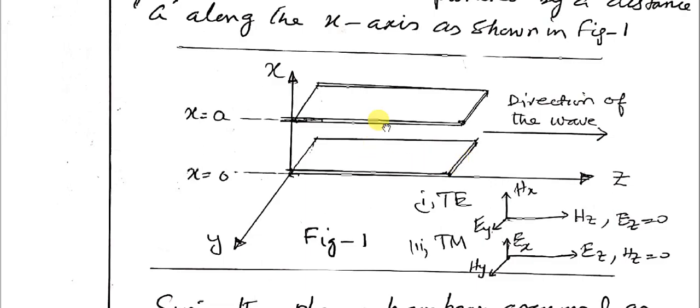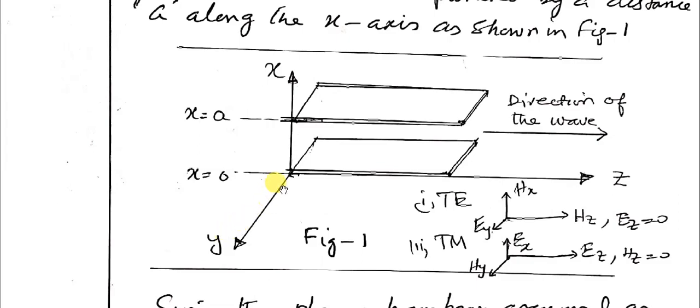They are two parallel conducting planes, separated by a distance a, x equal to 0 and x equal to a, and the electromagnetic waves traveling inside will be bounded and travel along a guided path. We consider that along y, the plus y and minus y directions are open, unbounded.